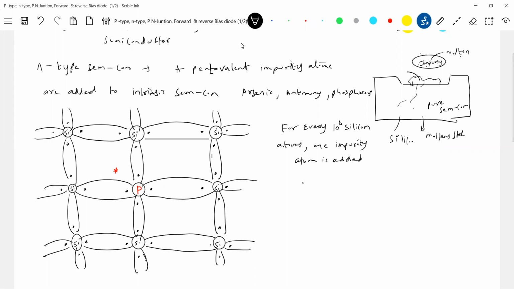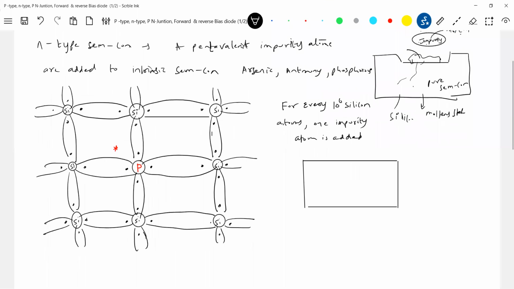If you look at the conduction band, there's a conduction band and there's a valence band.